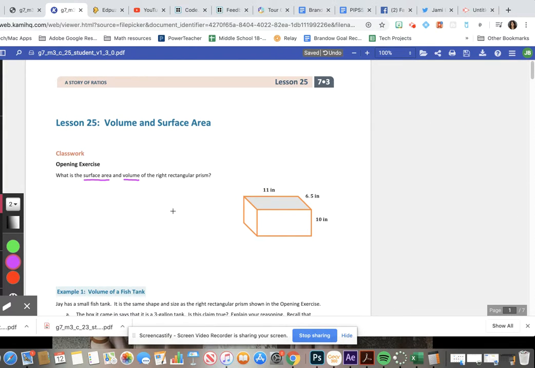As we go through this, we remember that our volume is the area of the base times the height, and our surface area is just going to be the area of all of the sides added together. So let's start with volume. My base is 11 by 6.5, and that would be the base, so 11 times 6.5, and then I have to times that by the height, which is 10.